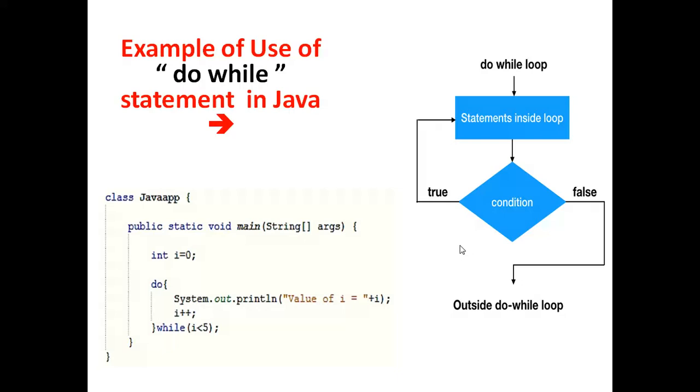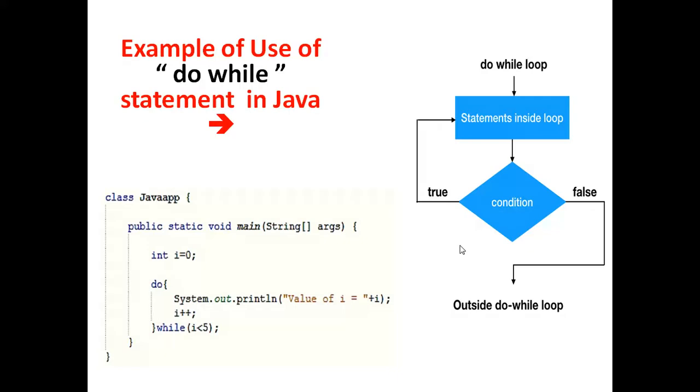And afterwards, by using the keyword while, we are checking the condition i < 5. If this condition is true, it will execute the body part, that is system.out.println and i++. It will execute once. i is initially 0.